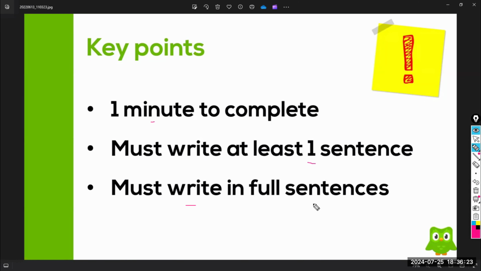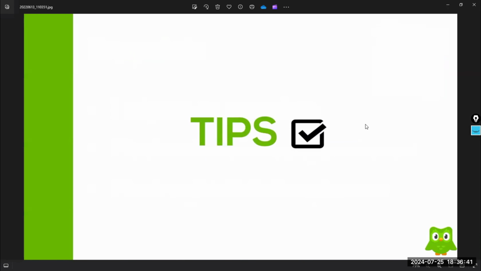And I have to write full sentences. Please don't write phrases, don't write missing sentences. All the sentences should be complete. I'm talking about the parts of speech, and the meaning should be complete. So please don't create any misunderstanding, because this is completely wrong.